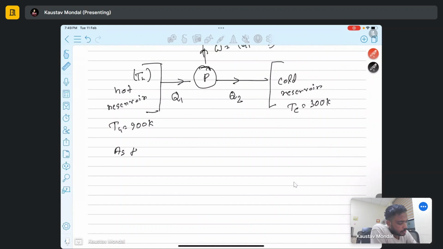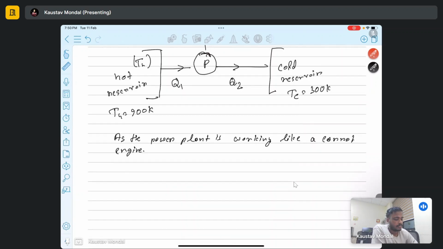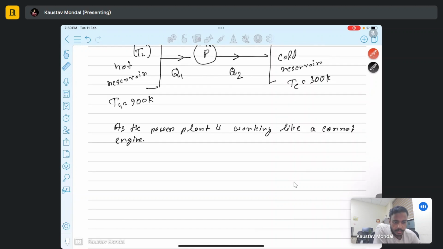As the power plant is working like a Carnot engine, you can use the formulas for a Carnot engine, right?